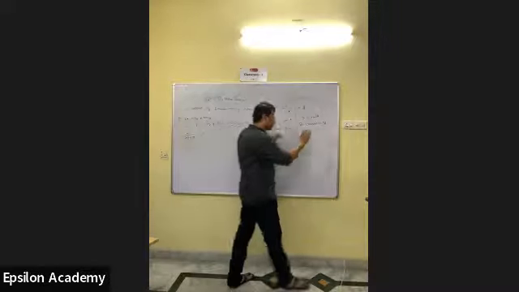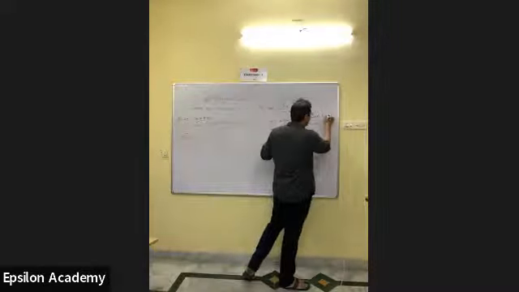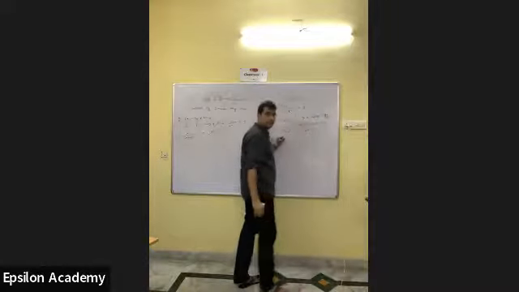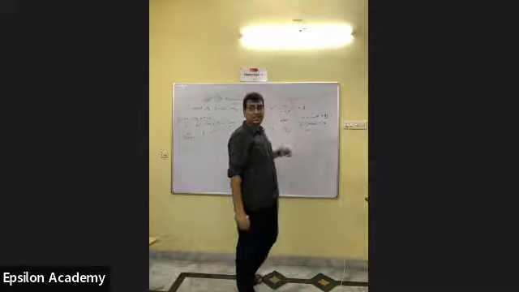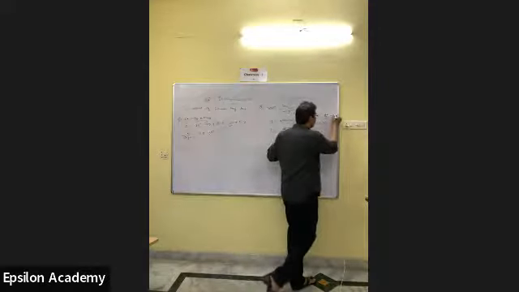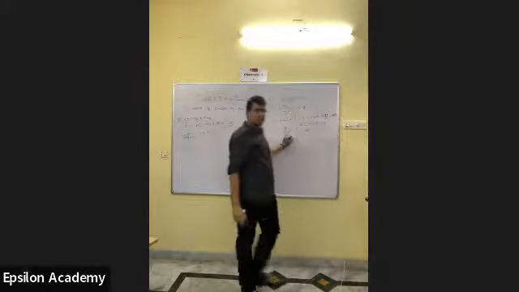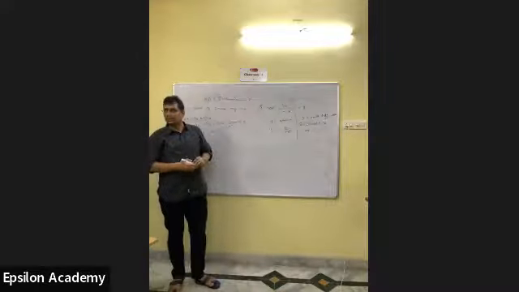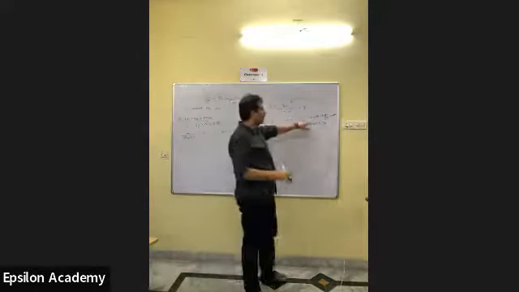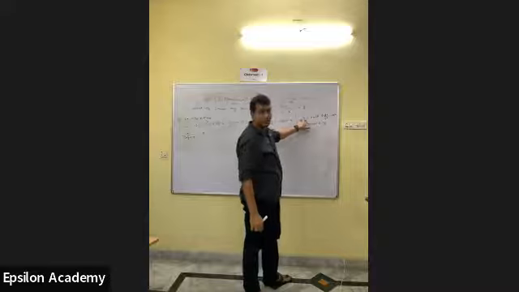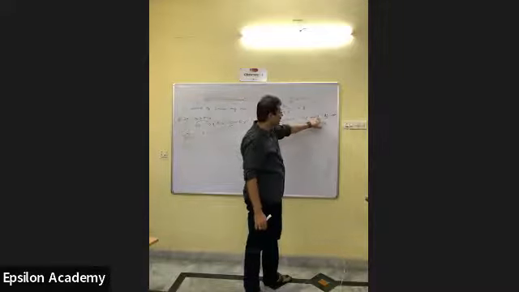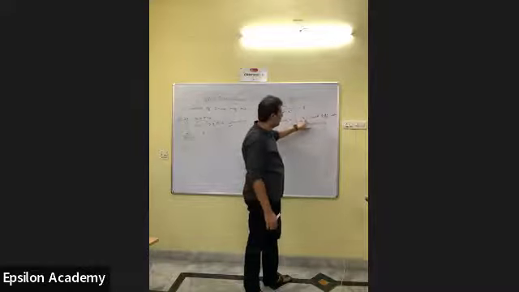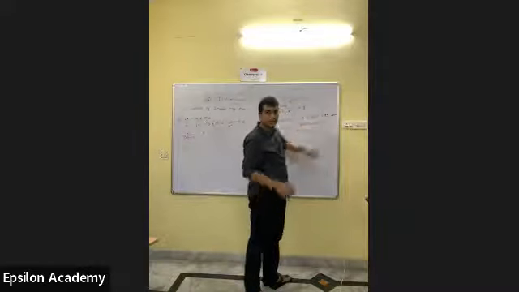Correct? So listen, I will find dx by d theta. How much is it? dx by d theta is what? Secant square theta. You understood why I found dx by d theta? X is the dependent variable, sorry, x is dependent on theta. So dx by d theta is secant square theta.